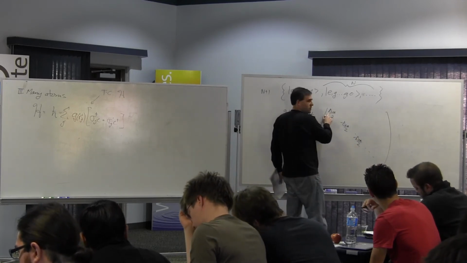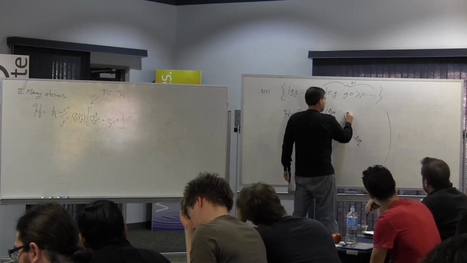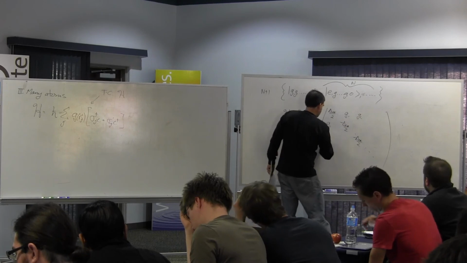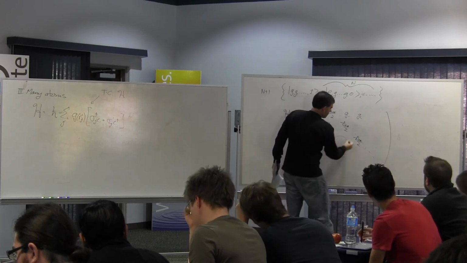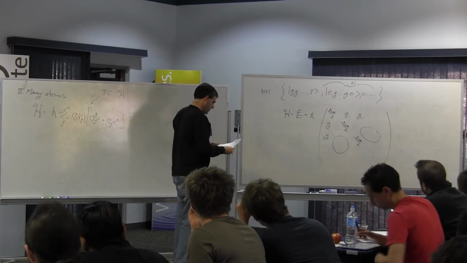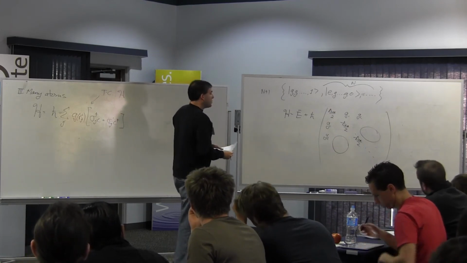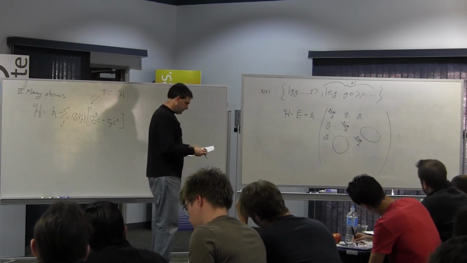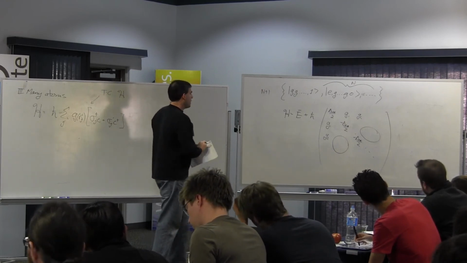There's couplings between the cavity and the first atom and the second atom, and so forth, and all these other entries in that matrix are zero. So we can diagonalize this matrix without too much effort, and we obtain the following.